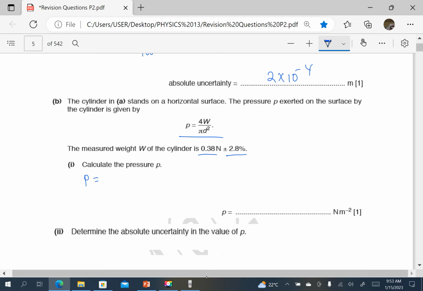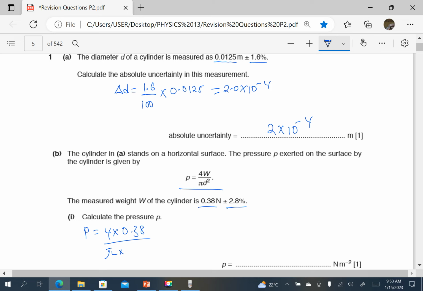Pressure P is equal to 4 times W. W is the weight, which is 0.38, divided by pi times D squared, and D was 0.0125, and this is squared.